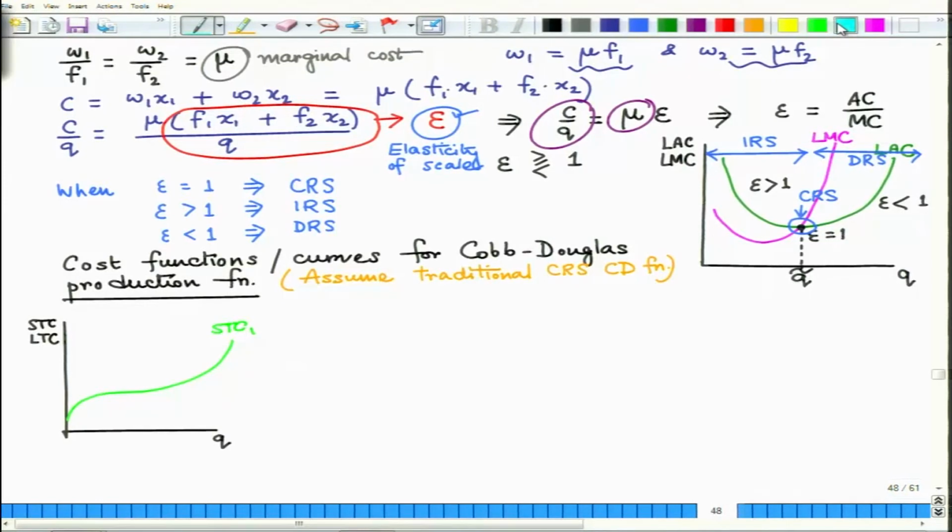Then of course we are going to have more, a series of short run total cost functions for various plant sizes. Then we can draw a straight line from the origin which will be tangent to various short run total cost functions at various points. So, this ray gives me the long run total cost curve for a linear homogeneous production function, which could be a Cobb-Douglas production function.